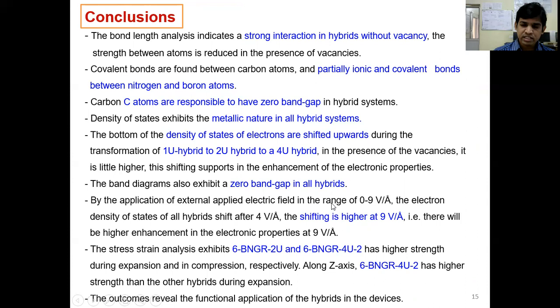By applying the electric field, at 9 volt per angstrom, the higher shifting in the bottom of the density of states is observed. Similarly, by applying the strain, we found that 2D layer and 4D layers show the higher strength along the y-axis, and 4-layer along with 2 vacancies shows a higher strength along the z-axis.